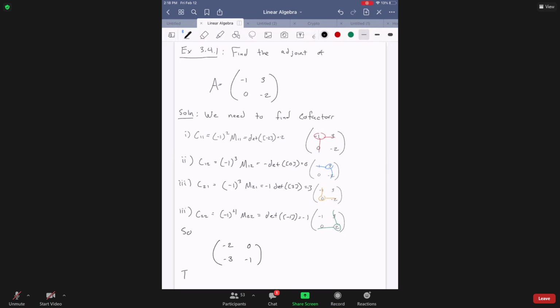Take the transpose. So the adjoint of A is equal to [-2, 0; -3, -1].